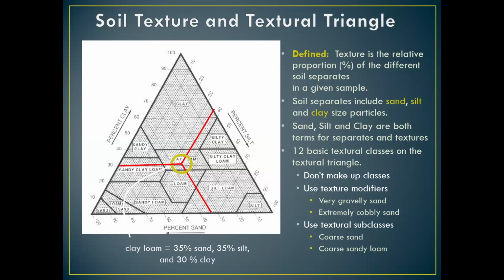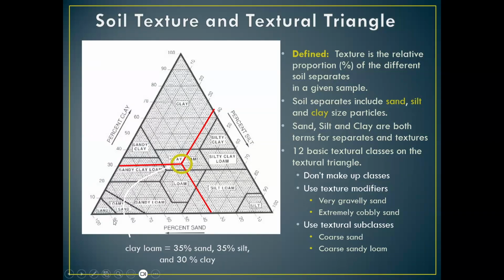Hopefully, we should all be accurate enough to put them in the major 12 textural classes. The particles of sand, silt, and clay make up the 12 textural classes. However, one of the tricky things is that clay is also a textural class, silt is also a textural class, and sand is a textural class.